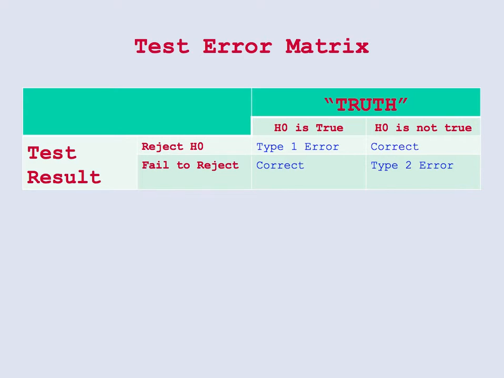Analogously, if the truth is that H0 is false, and we do reject the null hypothesis, then again we've made the correct conclusion. If, however, the null hypothesis is actually true, and we falsely reject it, this is our type 1 error. And if the null hypothesis is actually false, and we fail to reject it, this is a type 2 error.